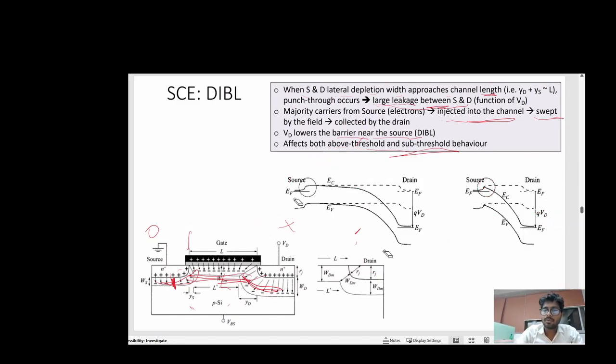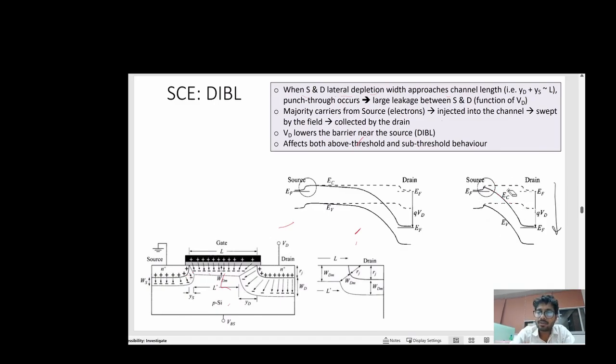When you have applied a very high voltage at the drain, it has not only created drain induced barrier lowering, but it has created a very high electric field. Can you see the slope in this conduction band and the valence band? That slope defines the high electric field.